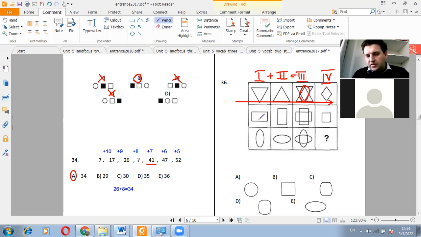We have two rectangles here, pardon me. On the second row, we have a horizontal rectangle and a vertical rectangle. Then we add them up, and the intersection part is this square, right? This is the intersection part here. The same goes with the ovals. We have a vertical oval, a horizontal one.